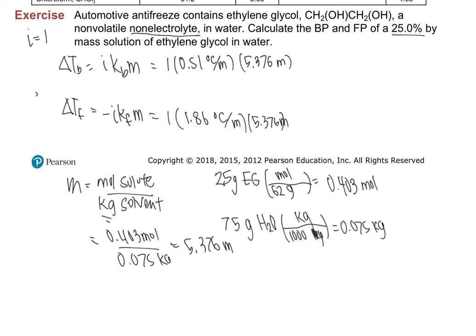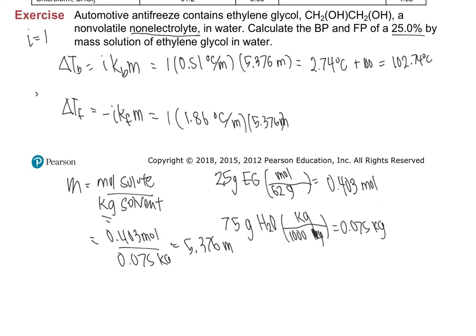And so I can calculate that now. So times 0.51. So my boiling point is going to rise by 2.74 degrees Celsius. So I now need to add 100 to that because that's my boiling point at sea level. So my new boiling point is 102.74 degrees Celsius.